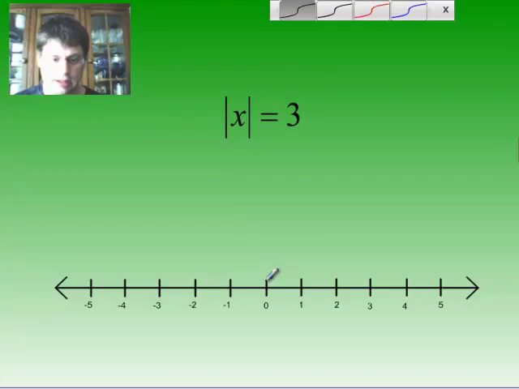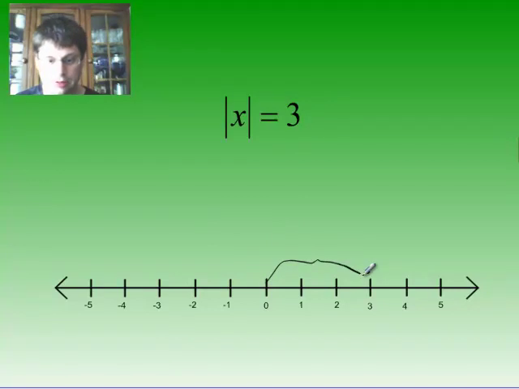It's basically saying that we're moving a distance of 3 units from, let's say, 0. And it's going to be either 3 units this way, or since we're talking about just distance, we're not assigning any sign, 3 units this way.